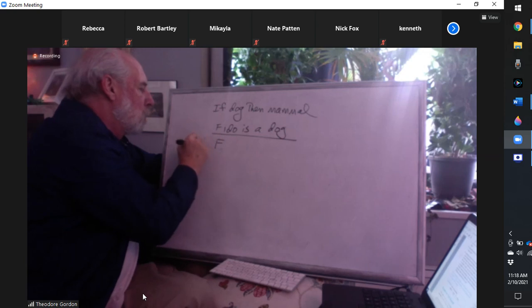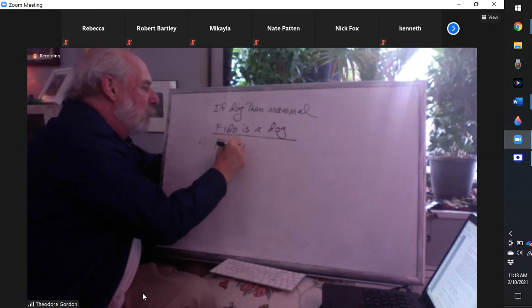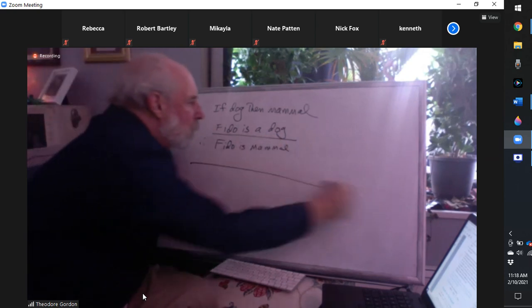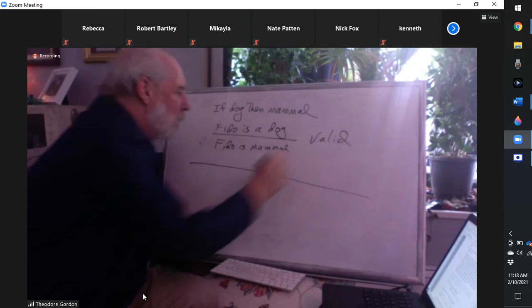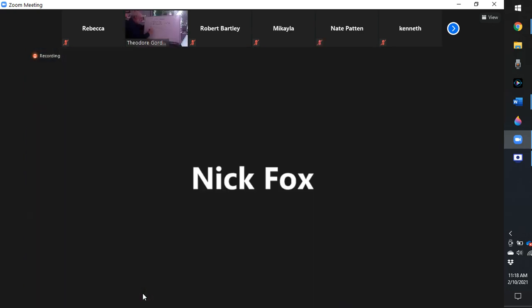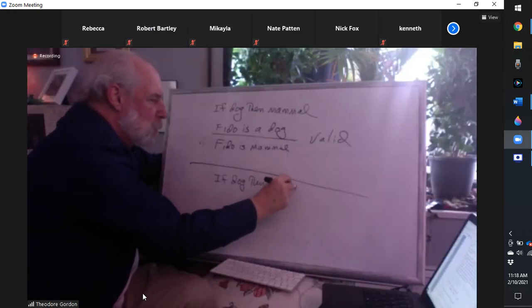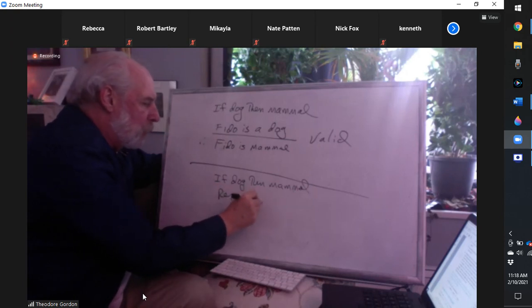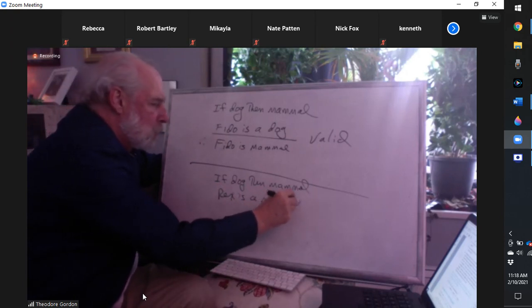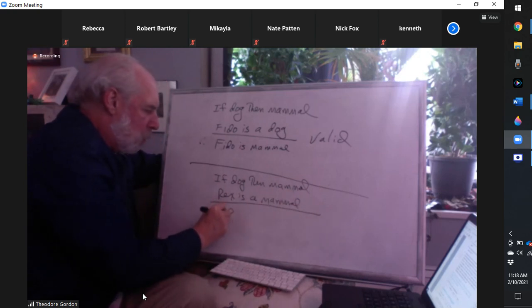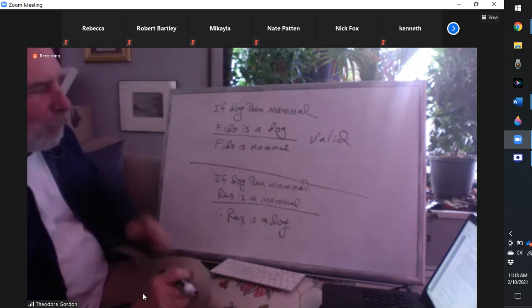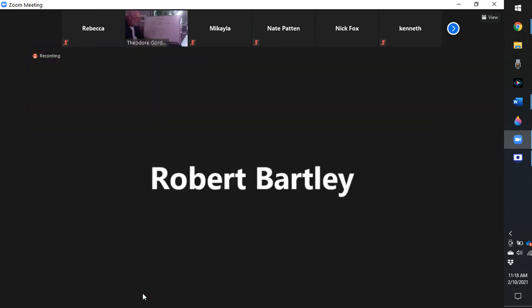Therefore, Fido is a mammal. All right. And this is valid. If I do it this way, if dog, then mammal, and if we say Rex is a mammal, therefore Rex is a dog. Valid or invalid? Invalid.